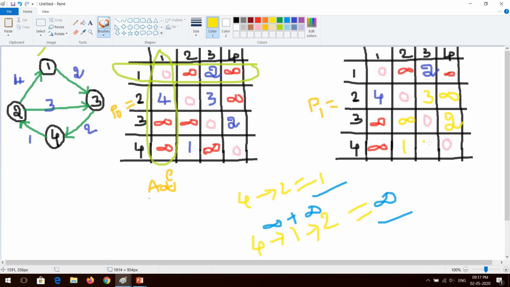Next one is 4 to 3. So 4 to 3, how much cost do we have? Infinity, as per the adjacency matrix, right? So now I will try to find it with 1 as intermediate vertex.